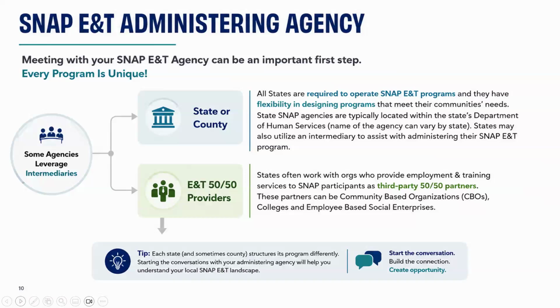So learning what works locally, learning who to talk to locally can be really important. E&T providers can really differ state to state as well: what they're expected to do, what they're allowed to do, the types of organizations that are contracted with, whether it be colleges, community-based organizations, employment social enterprise, and there's a really wide range of those.